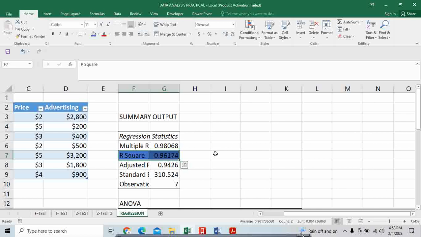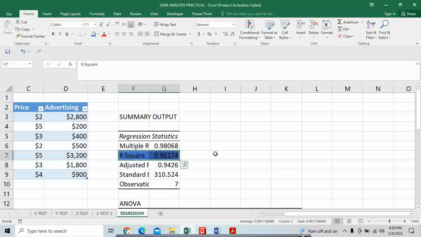So the point here is that the closer this number is to 1, the better the regression line fits the data. As you can see, the R square is 0.961 or 0.962, which is close to 1. If it is one, that is 100%, but in this case it is 0.96, that is 96%.